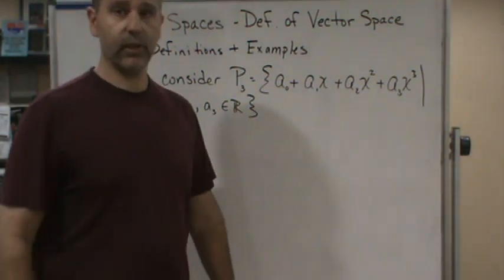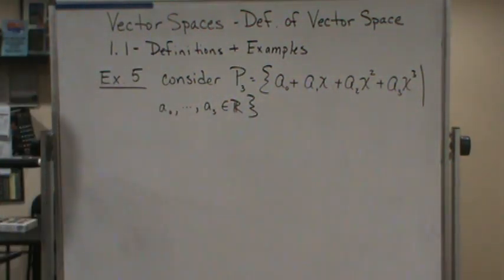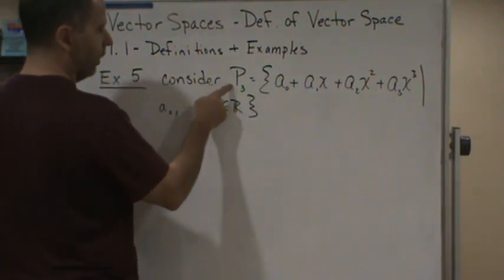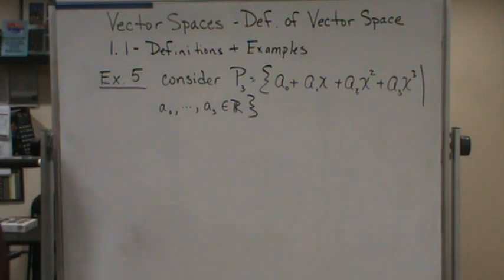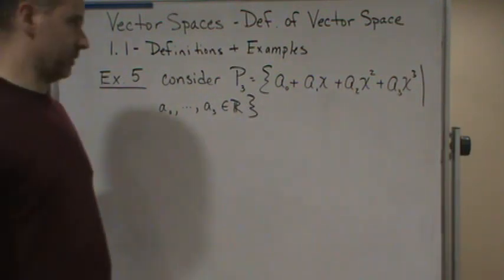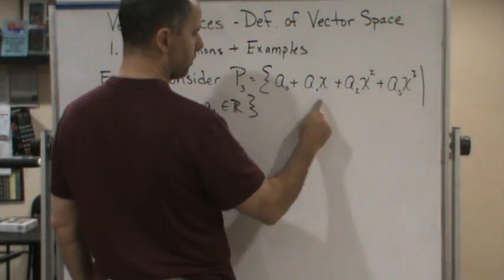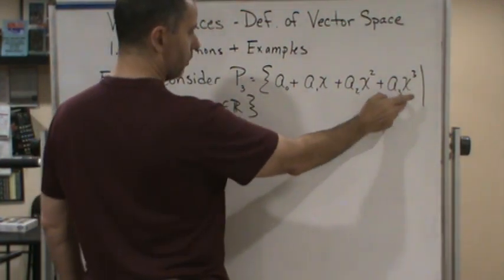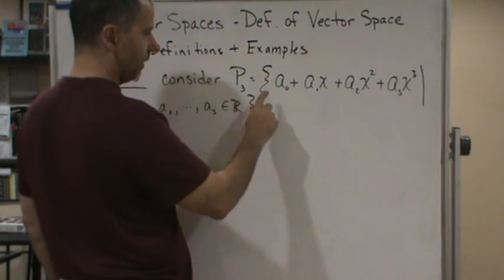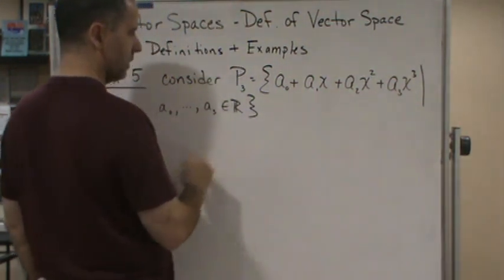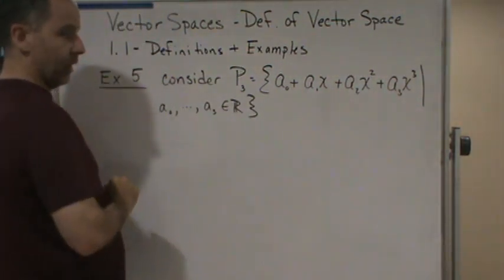Okay, so now let's look at another vector space. Now this is the set of all polynomials of degree 3 or less. We can see that because we've got this polynomial expression, third degree, where the coefficients are real numbers.